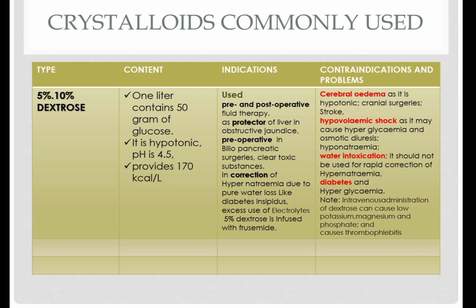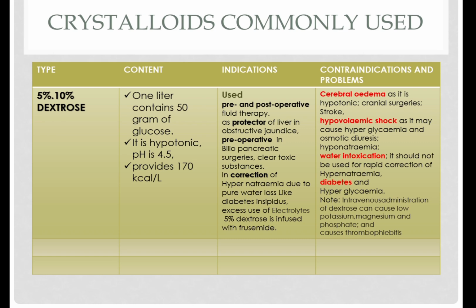Now crystalloid solutions. Commonly the crystalloids used, as I have told in the previous slides, are dextrose 5%, 10%, normal saline and Ringer's lactate. These are the common crystalloids which are used. Now I will discuss in a little more detail the 5% and 10% dextrose water.